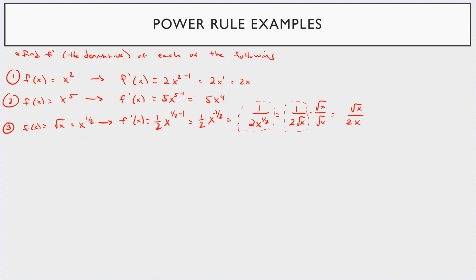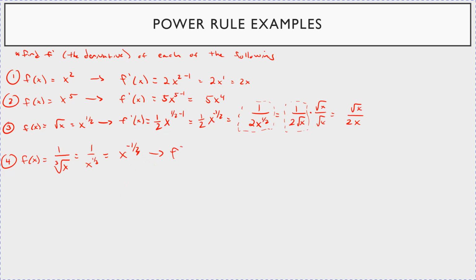Or let's try this one. f of x is equal to 1 over the third root of x. So you have to figure out how to rewrite this so that you can use the power rule. Well, look, you can rewrite this as 1 over x to the 1/3, just rewriting the third root as 1/3, which is the same thing as x to the minus 1/3.